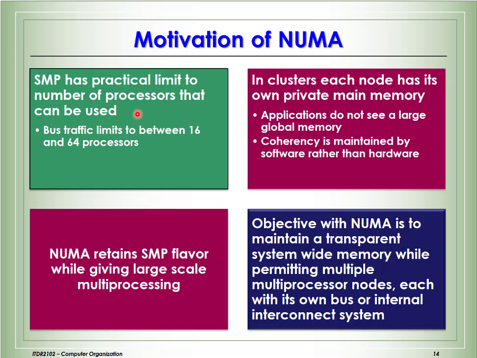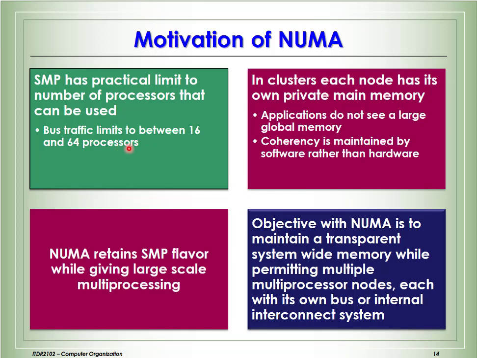There is a point where we cannot add more processors, because if we add more processors, the performance will decrease. So there is no benefit to adding more processors. For example, say the limitation is 64 processors.